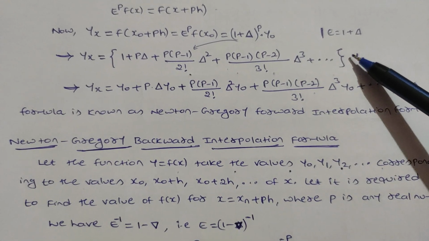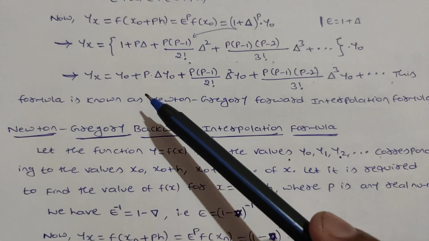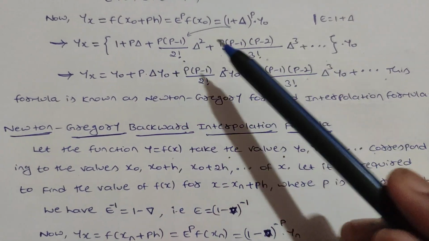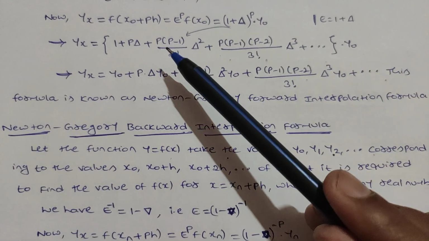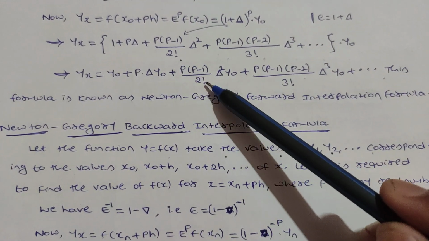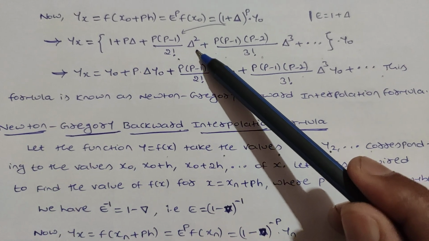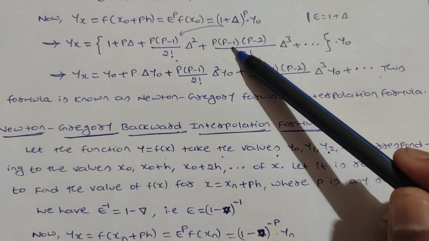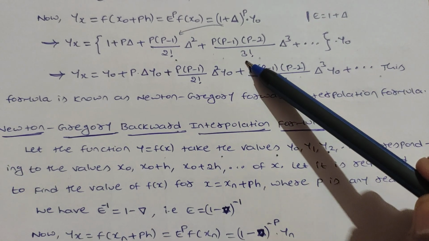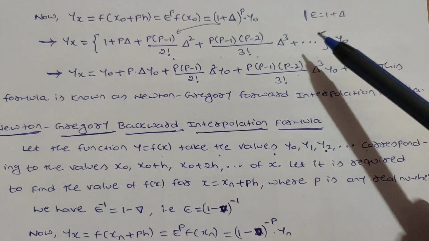When we take y0 inside, we observe y0 plus p into delta of y0 plus p into p minus 1 divided by 2 factorial into delta square of y0 plus p into p minus 1 into p minus 2 divided by 3 factorial into delta cube of y0.